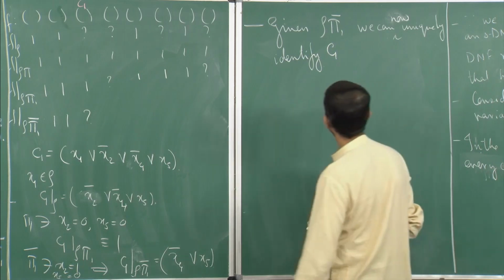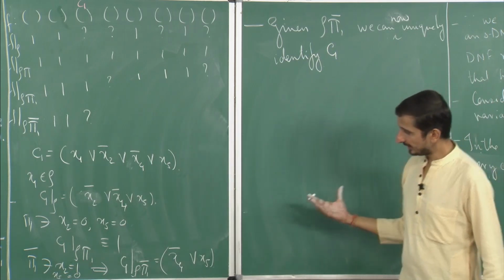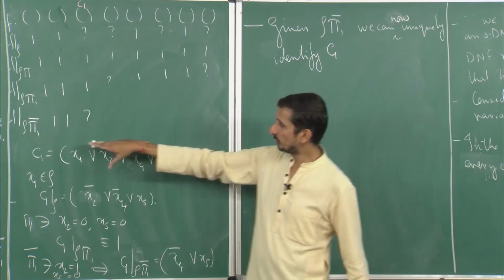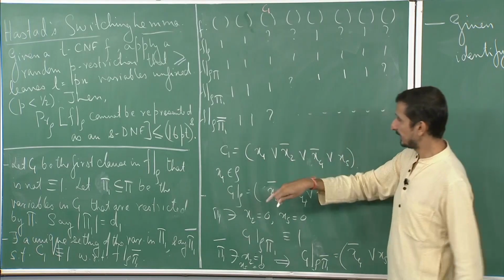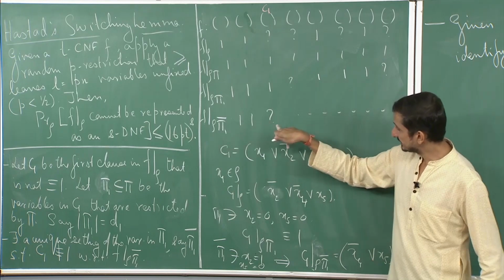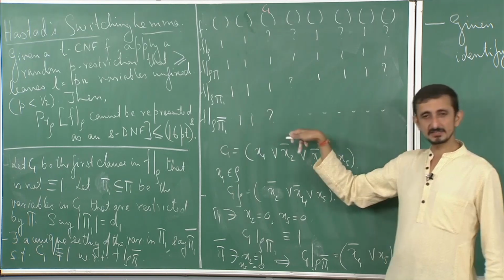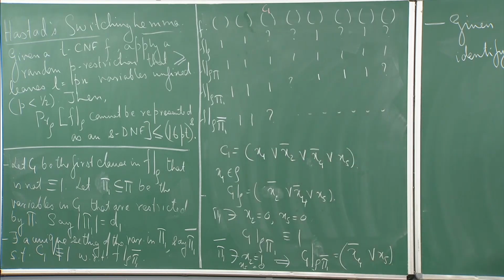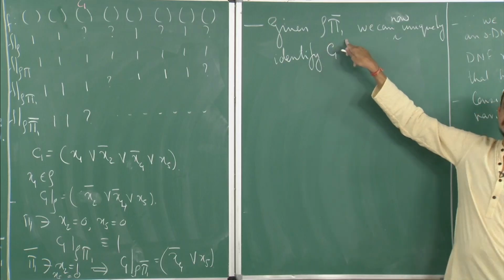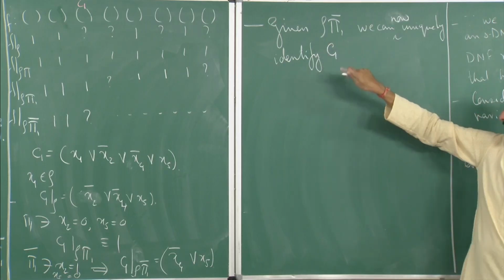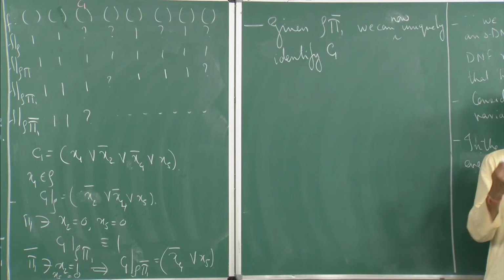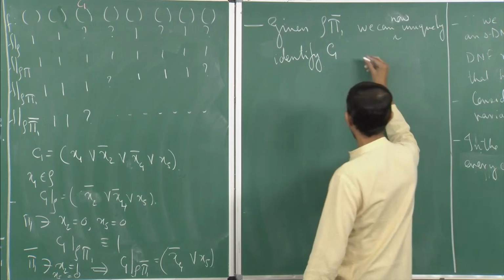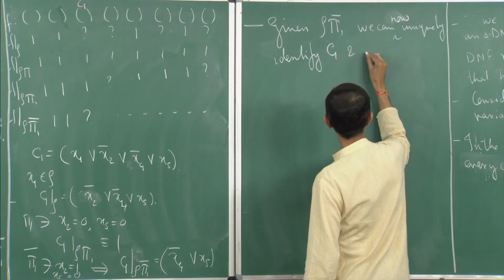Okay. So, essentially if I am given rho pi 1, note that by our construction, these remaining things can be anything, but by our construction C1 is once again the first clause that is unrestricted with respect to this restriction rho pi 1. Okay. So, if I am given this restriction, then I can uniquely identify what my clause C1 was.